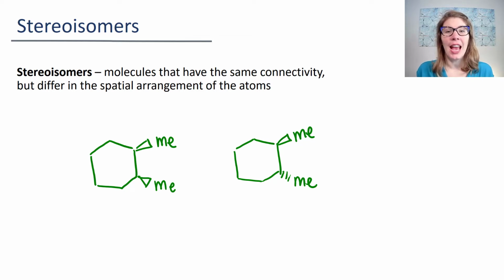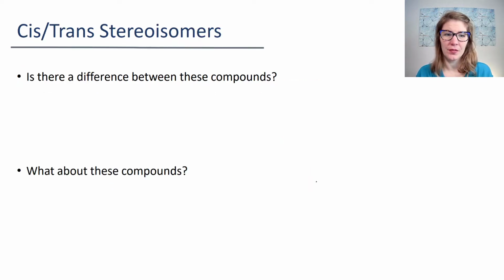They have the same chemical formula, they have the same connectivity, but the way that the methyls are oriented is different. We're going to spend a bunch more time on stereoisomers and learn about all the classifications, but for right now, we're going to focus on cis-trans stereoisomers.